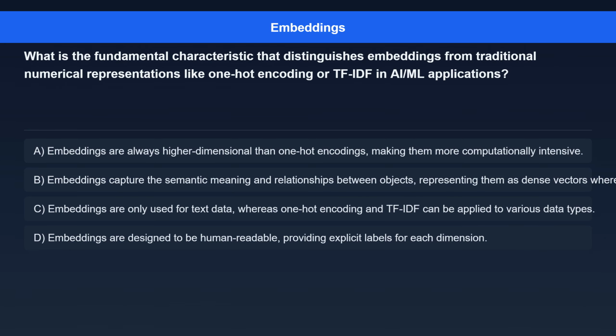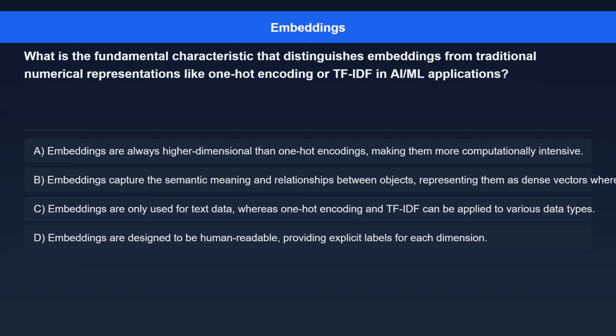Question 4. What is the fundamental characteristic that distinguishes embeddings from traditional numerical representations like one-hot encoding or TF-IDF in AI/ML applications? Option A. Embeddings are always higher dimensional than one-hot encodings, making them more computationally intensive.